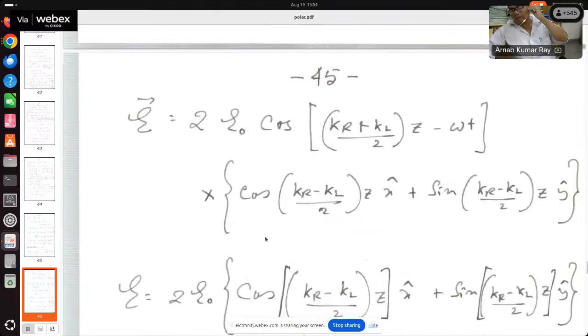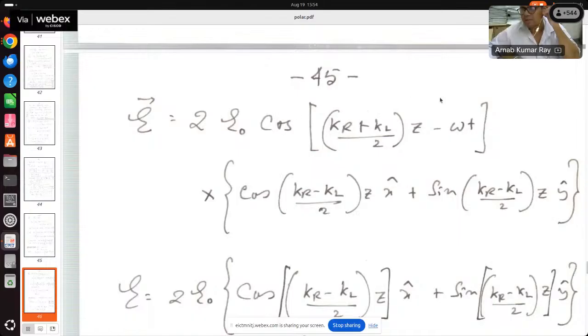Let us now look at this part a little carefully. This part inside the curly brackets does not contain any time. Basically, this is now an amplitude part, whereas the part in the square bracket contains space and time. This is the phase part.